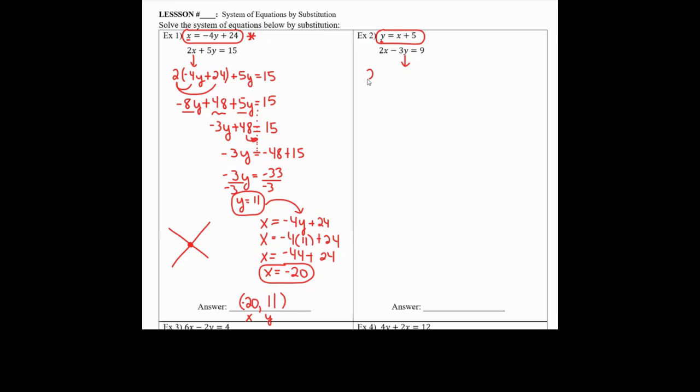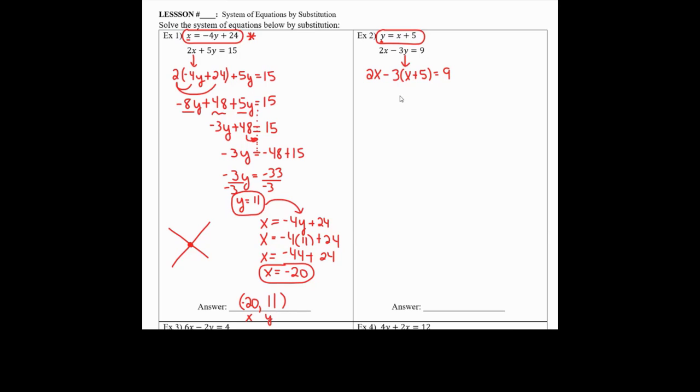So I'm going to copy 2x minus 3. When I get to the arrow, I put parentheses, and then I copy. I'm going to substitute what y equals to. So basically, I'm going to copy this x plus 5, close parenthesis, equals 9.